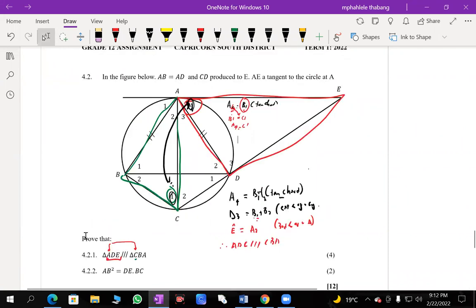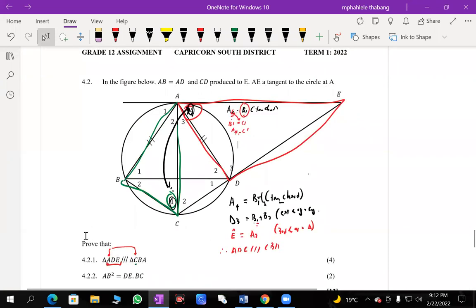You can continue discussing 4.2.2. Who was leading the discussion, Hans? AB squared is equal to DE times BC.